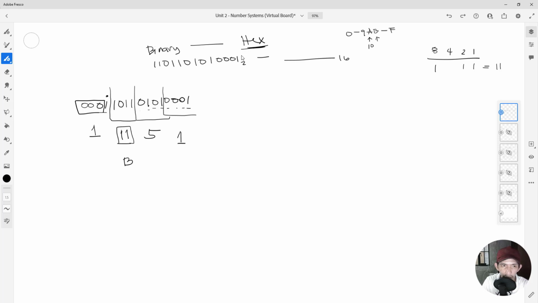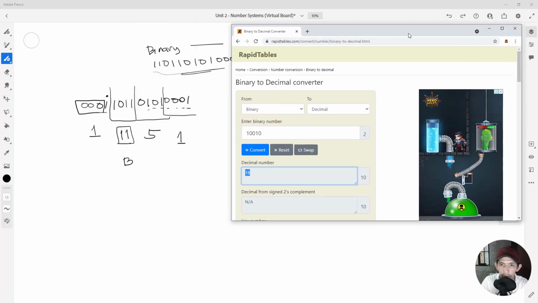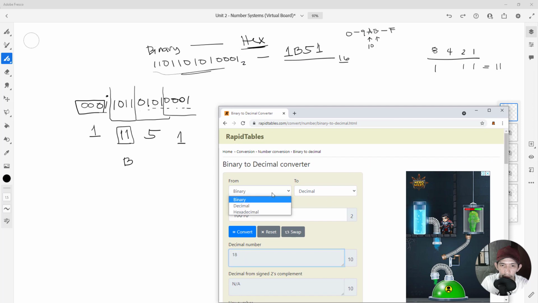Okay, so the answer is, kapag kinonvert natin itong binary na yan into hexadecimal, the answer is 1, B, not 11, 5, 1, and again, don't forget the base 16. So, let's check it out sa ating internet. Yeah. So, shrink lang natin to for us to see. We're going to convert binary to hexadecimal.